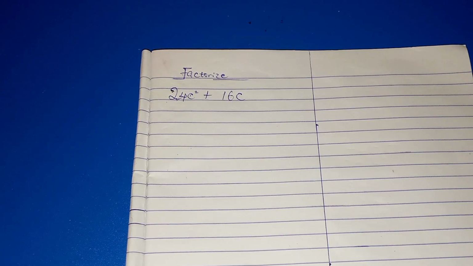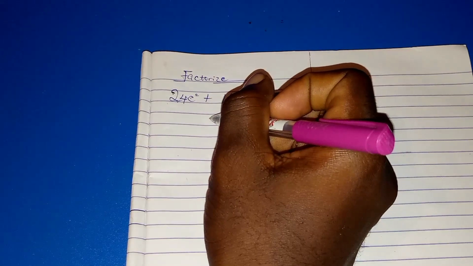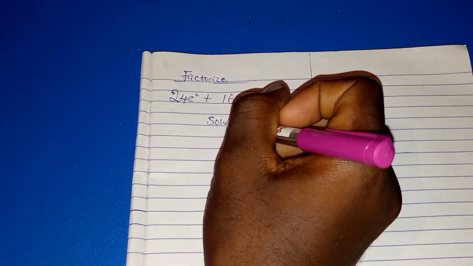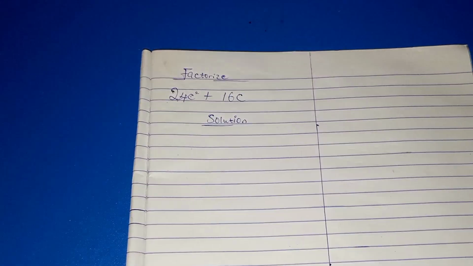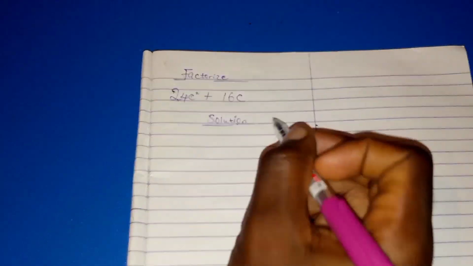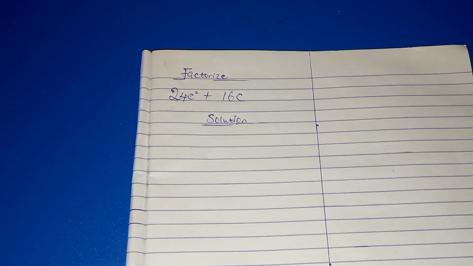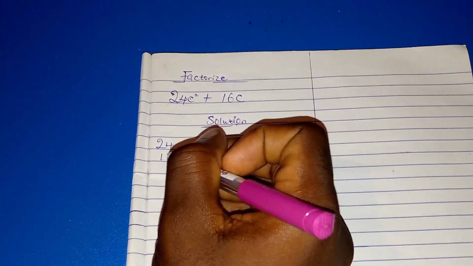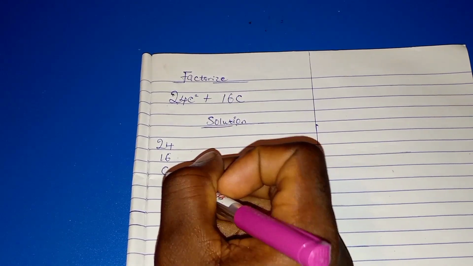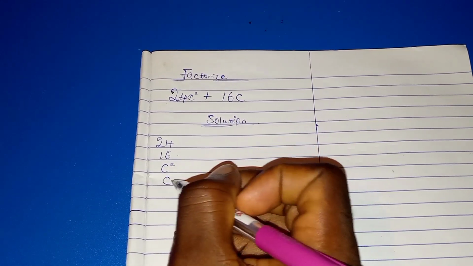So let's break this down and see what number we would actually get. In factorization, we have to put one thing in mind. We can make it possible if we find the highest common factor of these given values. We have 24, 16, c cube, and c.